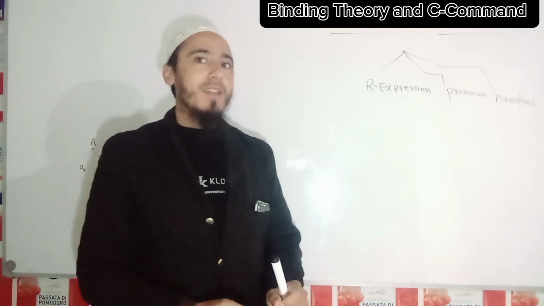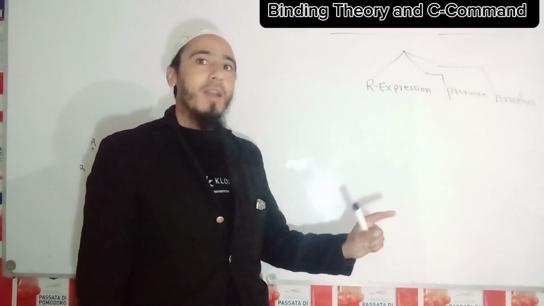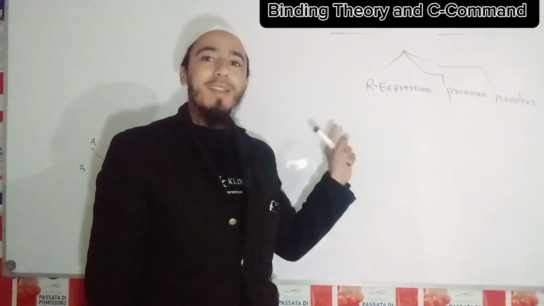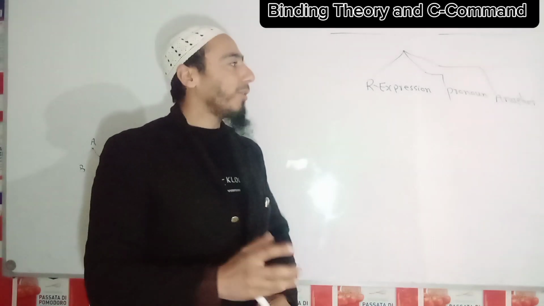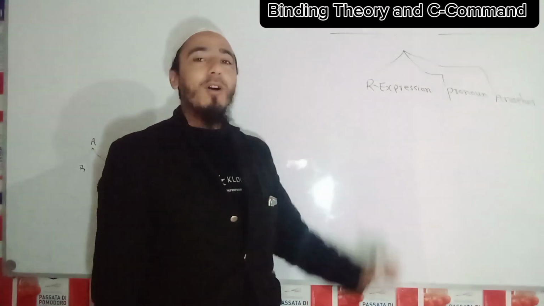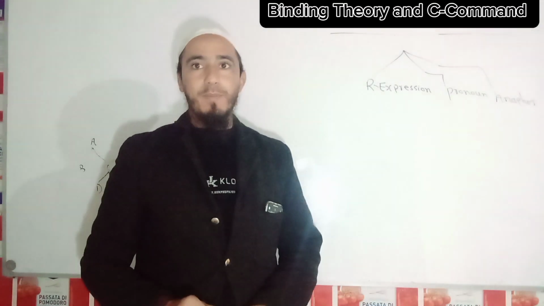If I say "he hit himself," here "himself" is the anaphor, and the antecedent of that anaphor is "he," because it refers to "he." So the antecedent is also an R-expression within a sentence, not in another sentence.